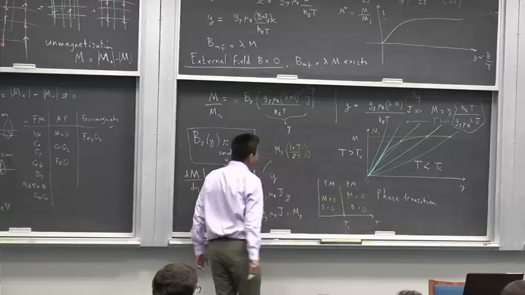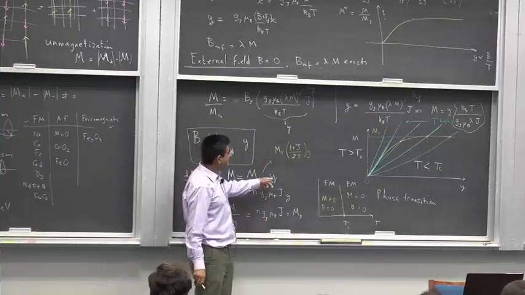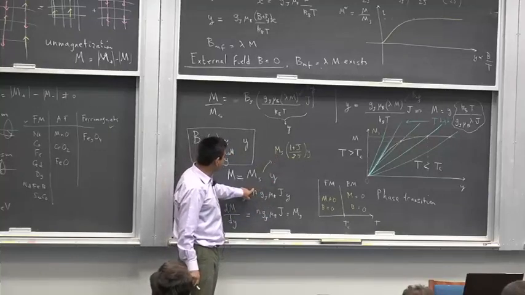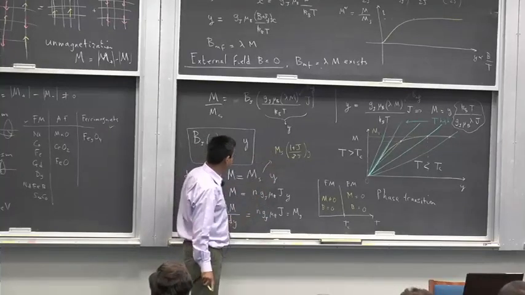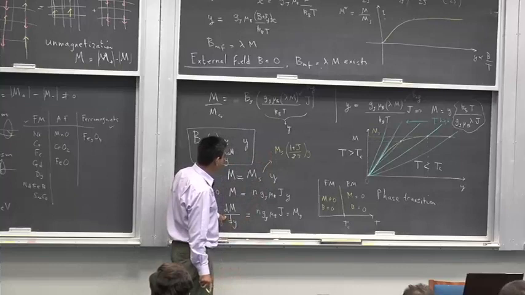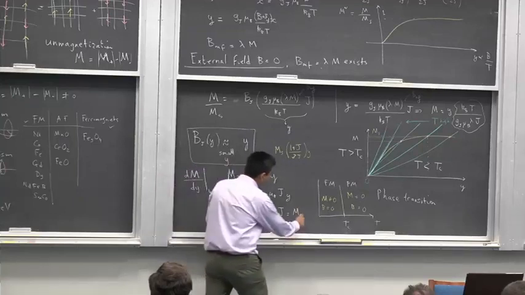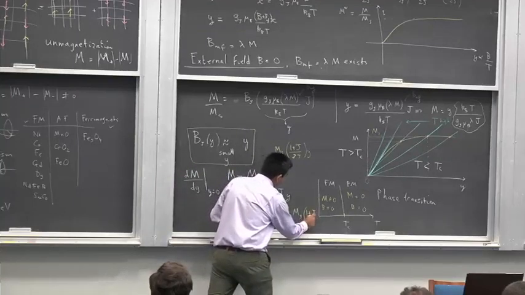So I want to relax the condition that I have a spin half particle. Okay? So if I relax this condition, all of this is going to change. The slope will be, now the slope will be Ms into (1 plus J) over 3J.